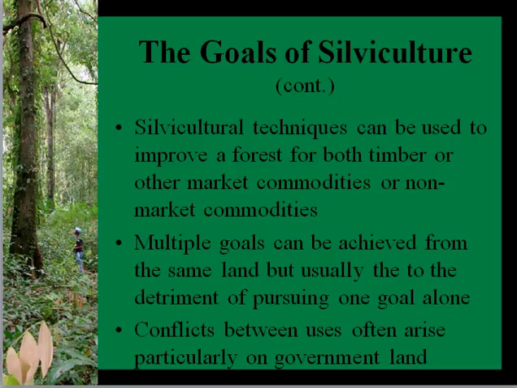If there are timber producers who need to be satisfied, they need to get their timber, but not to modify or damage the forest to such an extent that the hunters who also use the forest are disadvantaged, or the ecotourism operators who also use the forest are disadvantaged, and so on. And silvicultural techniques must be used to make sure that all of those groups are happy with their forest.